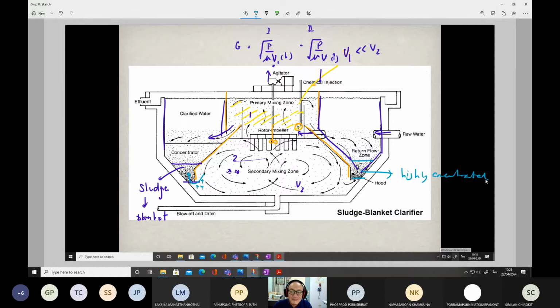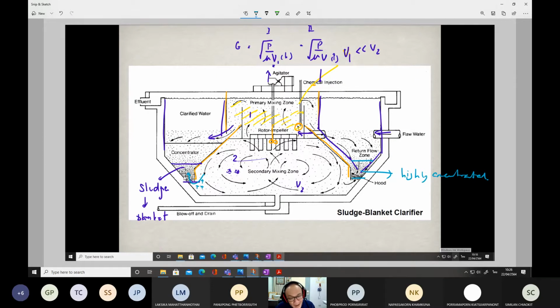Highly concentrated, so this acts like a blanket. Whatever small particles get to this blanket will be captured, so they actually act like a filter. The small particles will be captured inside these blankets.